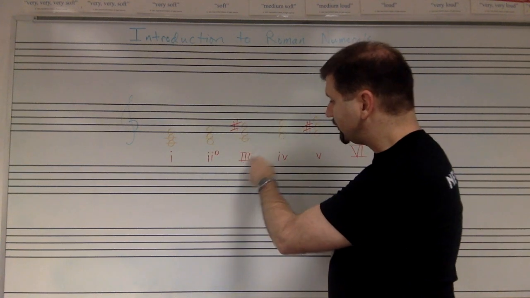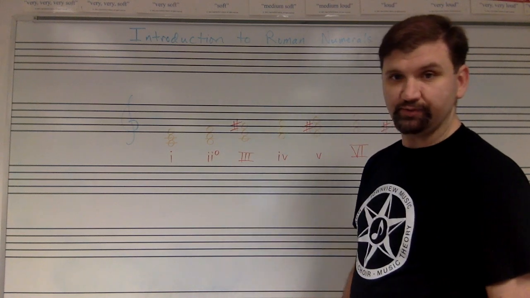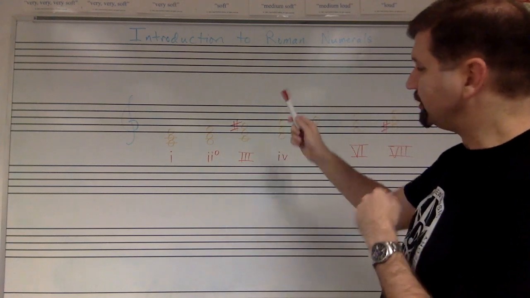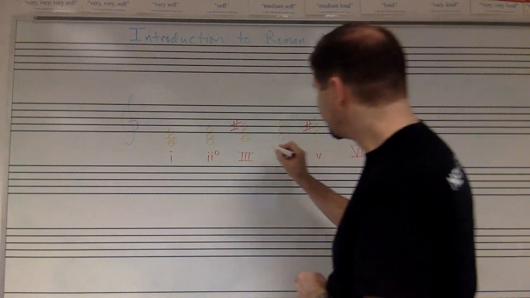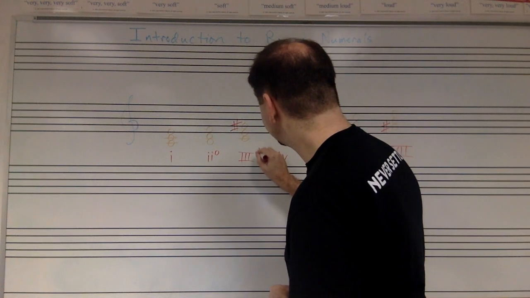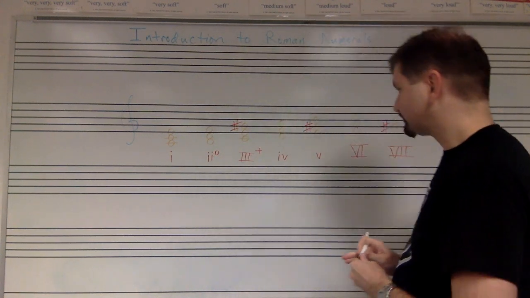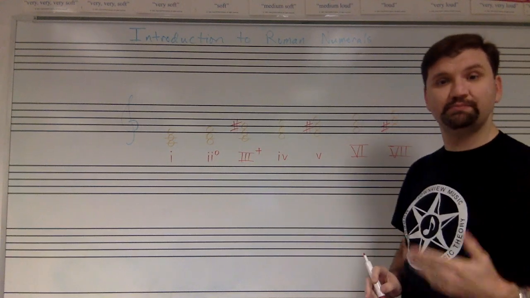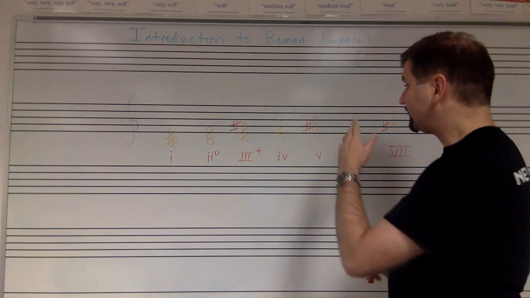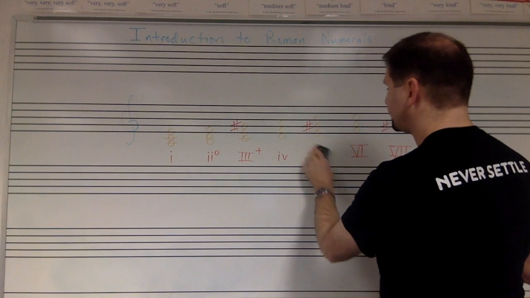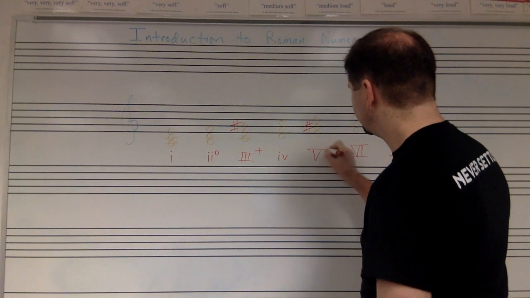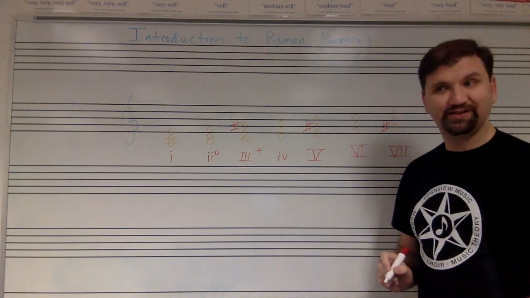This before was a major 3, and I've raised the top note, which means that now it's an augmented 3. Before, this was a minor 5, and I've raised the middle note, so that means now it's a major 5.